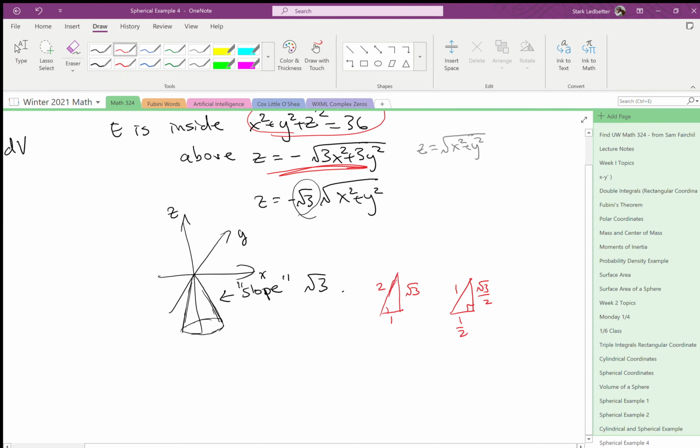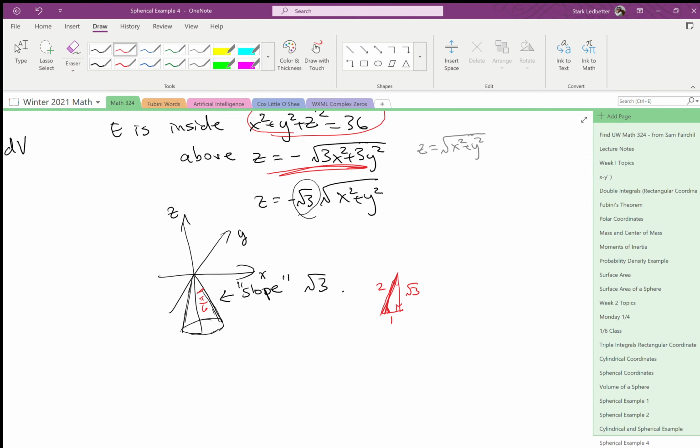So the angles are the same, so it doesn't really matter, but that's an easier triangle to remember. And then it's very clear that the slope of that line is root 3. So the angle there is pi over 3, or 60 degrees. And then the angle it makes with the vertical here is pi over 6, or 30 degrees.